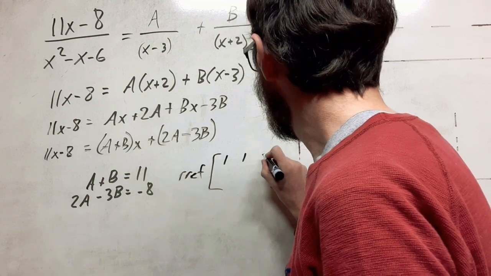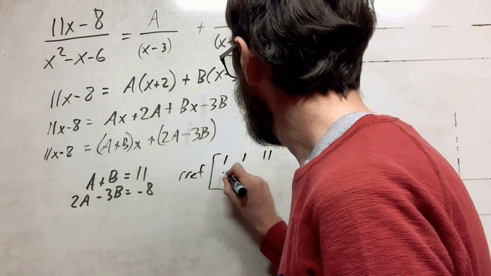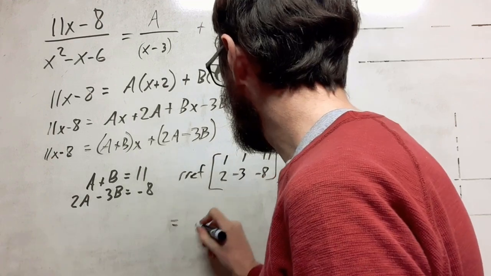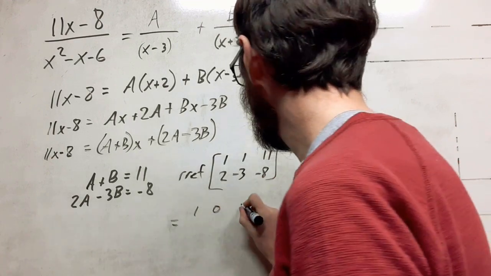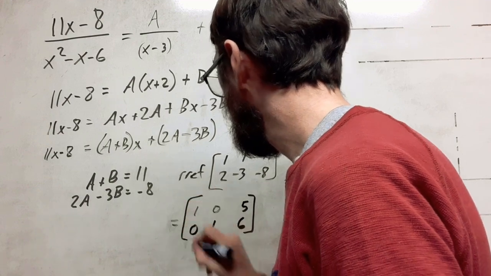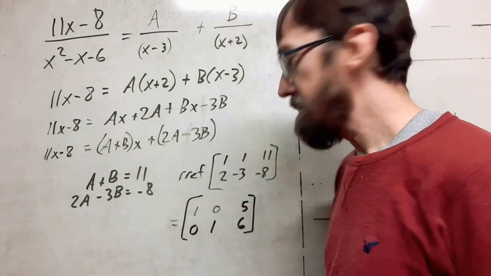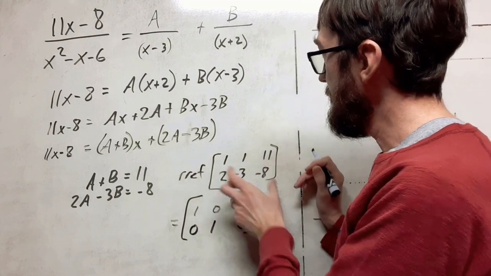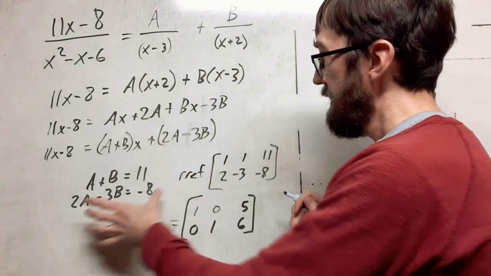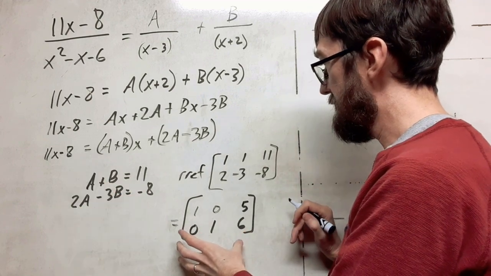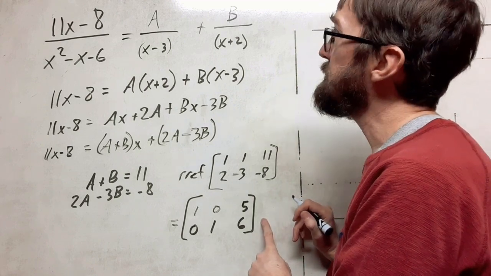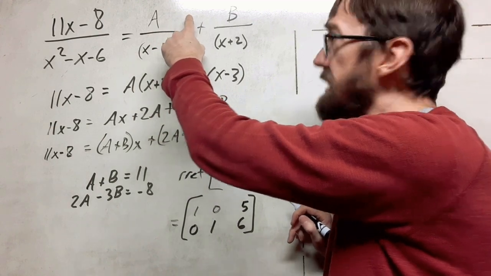1, 1, 11, 2, equals 1, 0. So when we do the RREF on this matrix, which is an augmented matrix of this system, it turns out to be this, which means that 5 is A and 6 is B. So we can substitute that back into here.